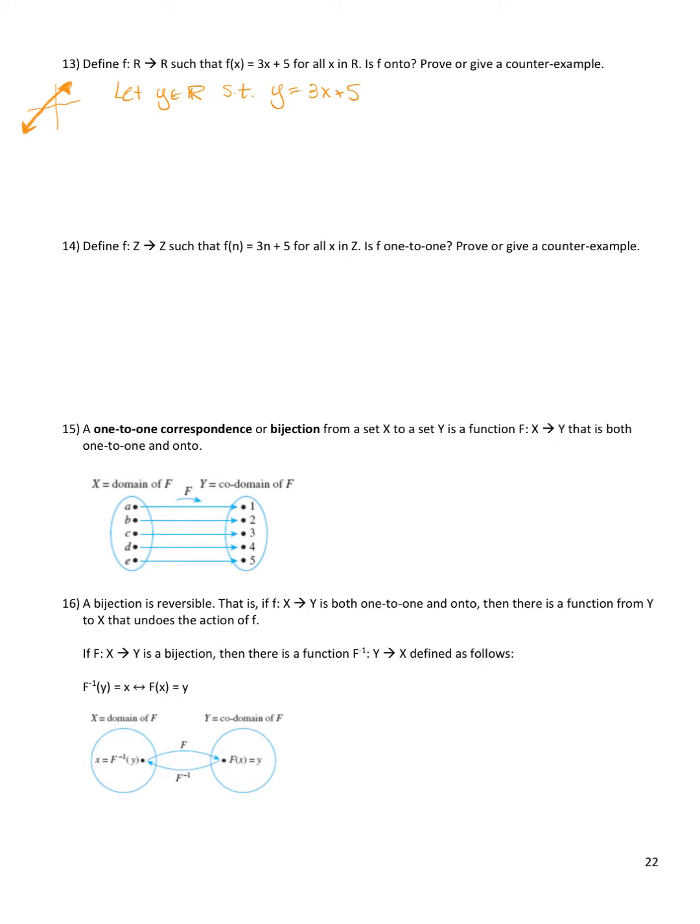I have to show that there is an x that can make this work. There is an x that you can plug in to 3x plus 5 to get any y in the reals. Solving for x yields x equals (y minus 5) over 3.